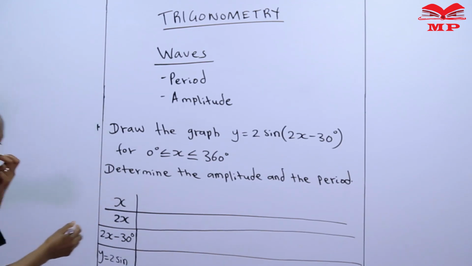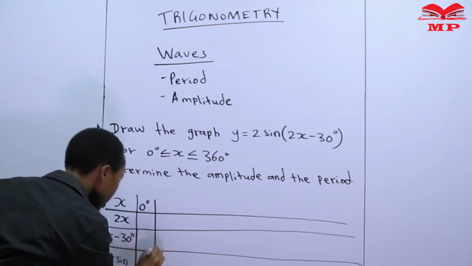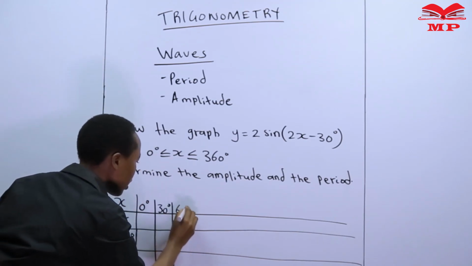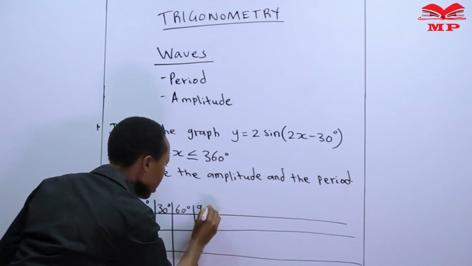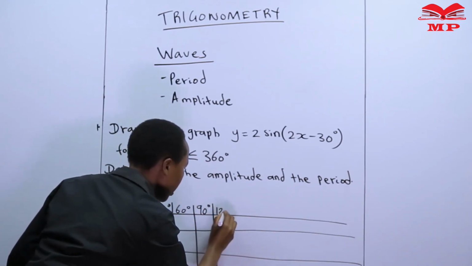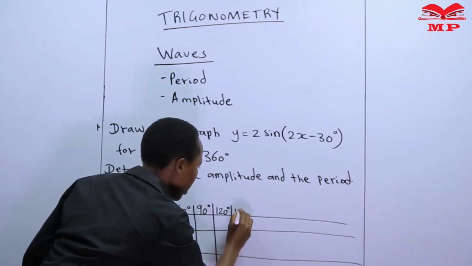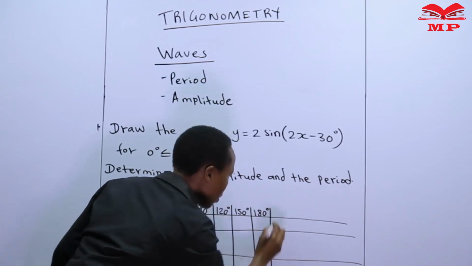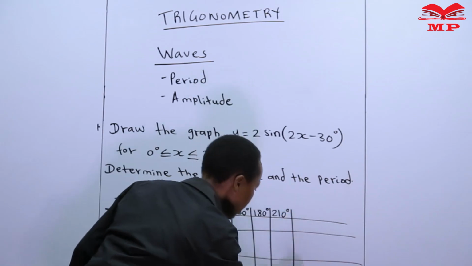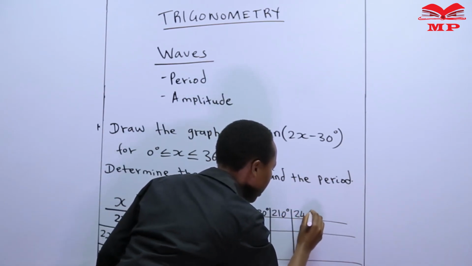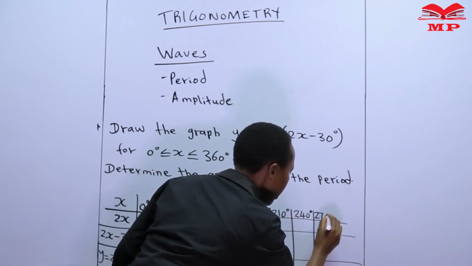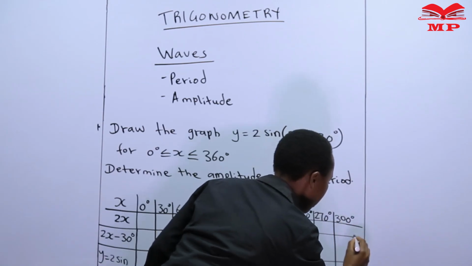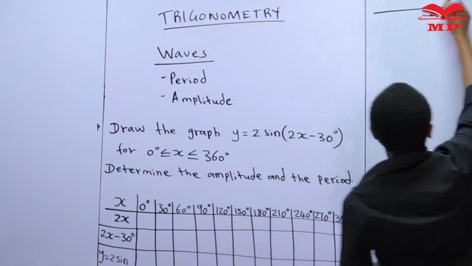That's our y. So if we have our 0 here, 0 degrees, we have 30 degrees, 60 degrees, we have 90 degrees, we have 120 degrees, 150 degrees, 180 degrees, we have 210 degrees, 240 degrees, 270 degrees, then we have 300 degrees, then again we continue up to 330 degrees and 360 degrees.